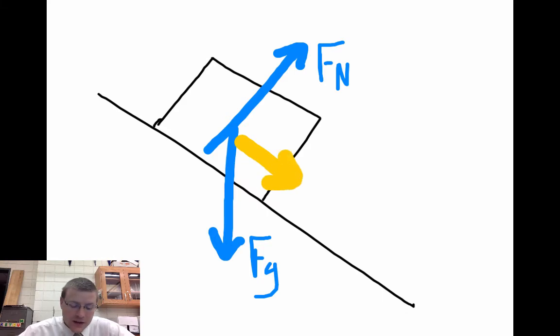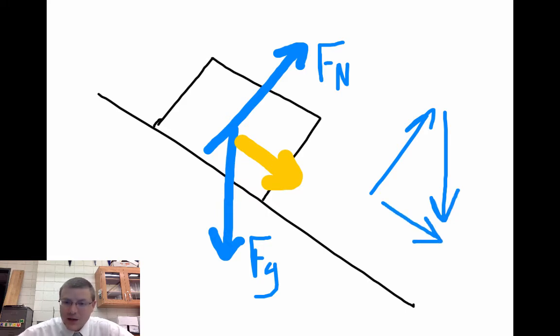How can I tell that? Just take your vectors and do some vector addition. The normal force plus the gravitational force leaves you a net force down the hill. Just by vector addition, I know that I have a net force, and that net force points downwards.